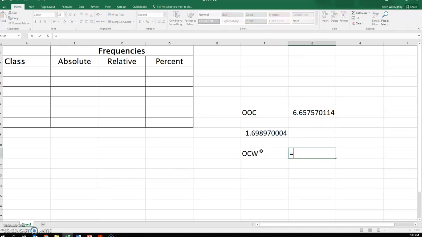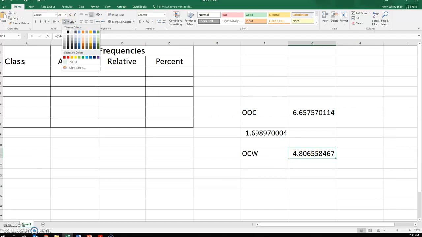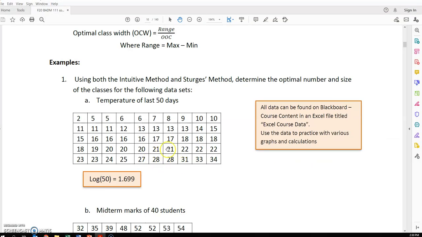The OCW number, optimal class width, is the range, which is 34 minus 2, divided by the OOC number, and we get an OCW of 4.8. Now this is a starting point. Let's just highlight that number. This number is a starting point. We are not going to pick a class width of 4.80655. We're going to use this to help us understand that the best class width is probably going to be 5.